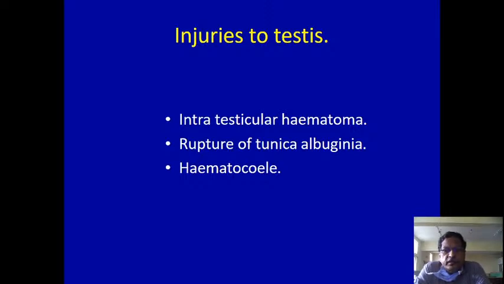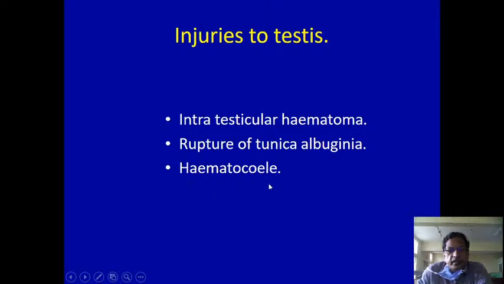The injuries can be minor to major. Minor bruises can occur with a mild injury, or there can be extensive disruption of the testicular tissue and then rupture. We commonly see intratesticular hematomas and rupture of the tunica albuginea causing bleeding within the layers of the tunica vaginalis, that is hematocele.